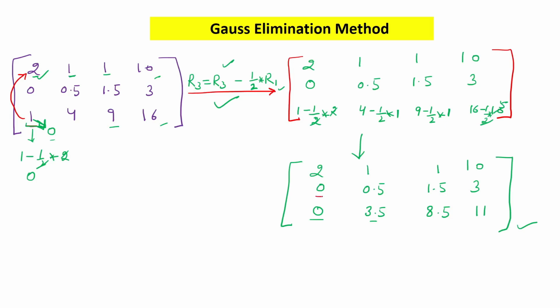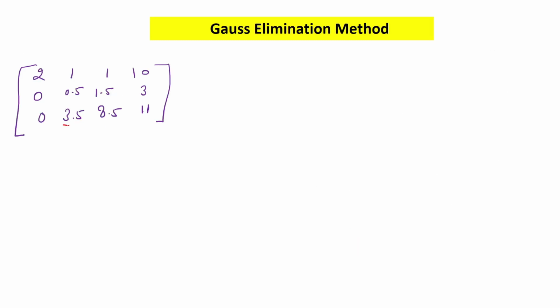And now we have made this element as 0. Now we have to make this 3.5 also as 0. And we will use this row number 2 to make this 3.5 as 0. So let me copy this into the next page. So now you can tell me that using 3.5 and 0.5, how we can make this 3.5 as 0.